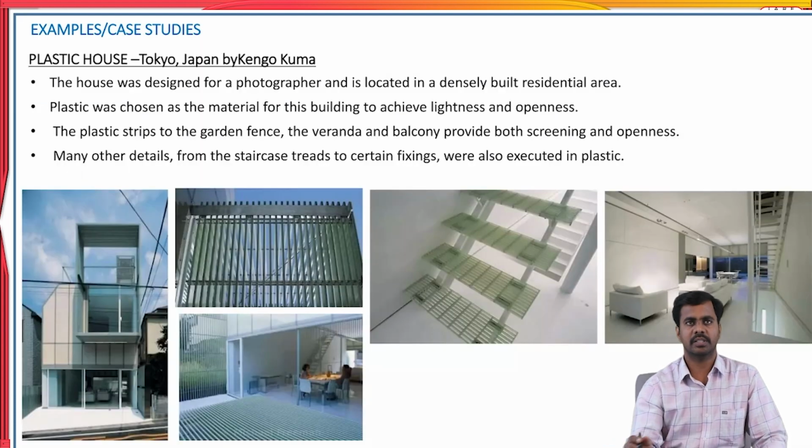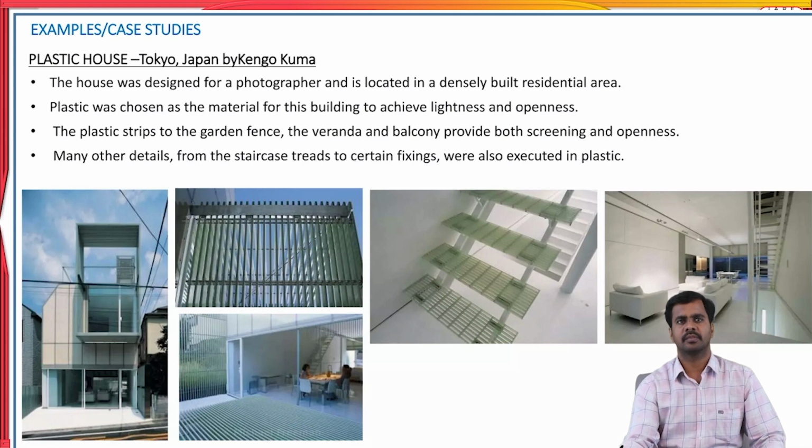These are the plastic houses. In Tokyo, thermosetting plastics are used to construct some houses. The house was designed for a photographer and is located in a densely built residential area. Plastic was chosen as the material for the building to achieve lightness and openness.